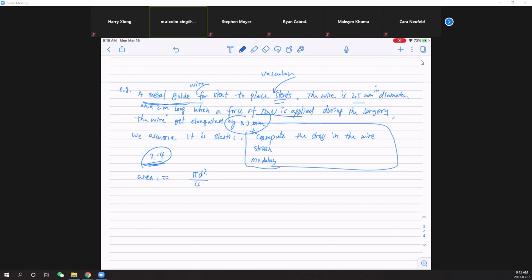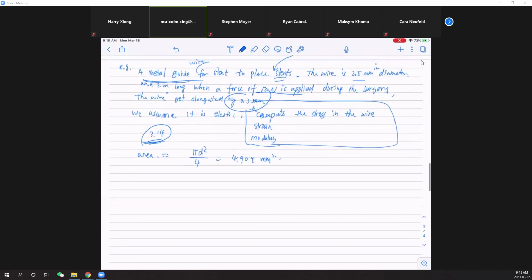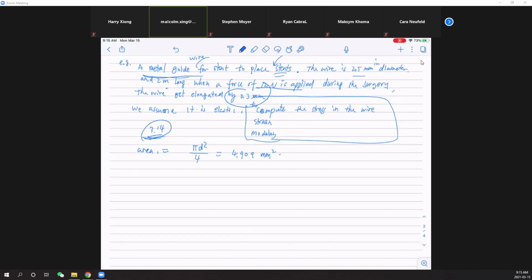Pi d squared over 4, and we got 4.909 millimeter square. And we know the stress is force divided by area. And we got around 2.44 Newton per millimeter square. So it's 2.44 megapascal.